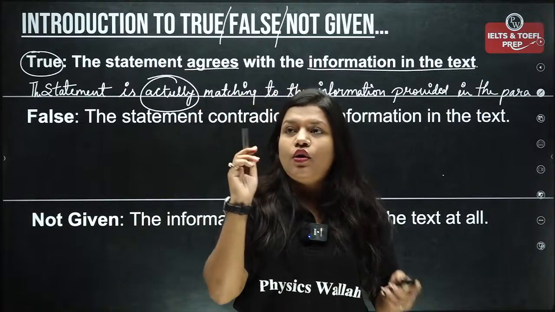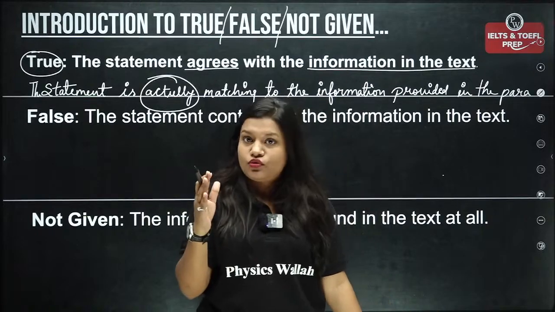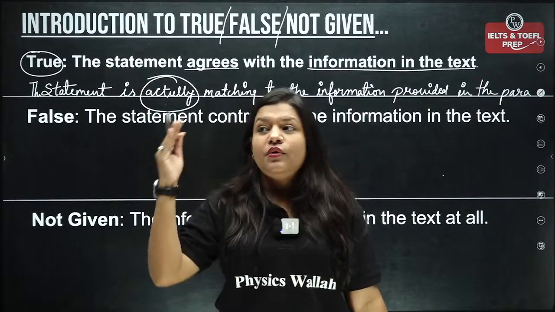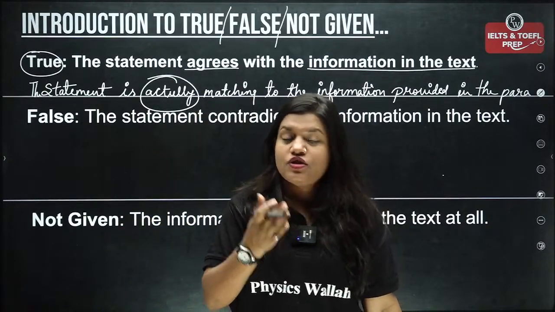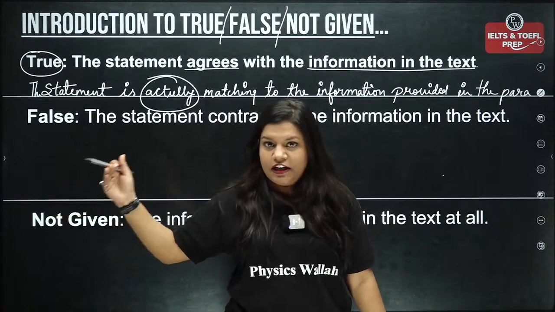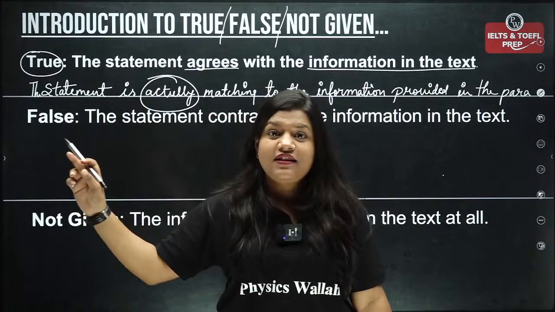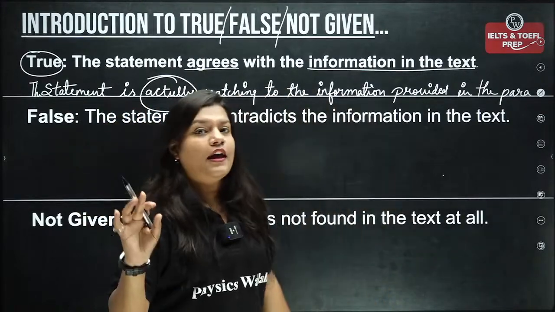The thing you can rely on is the passage, and you are going to match the statement to the passage. It is majorly with respect to the meaning of the statement. Whatever is there in the statement, it means the same as what's there in the passage or not. Okay, now this was true.